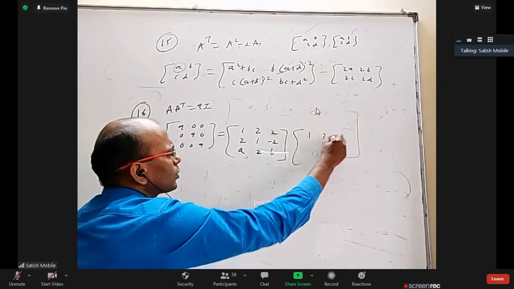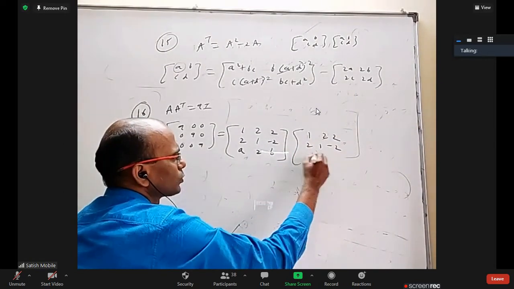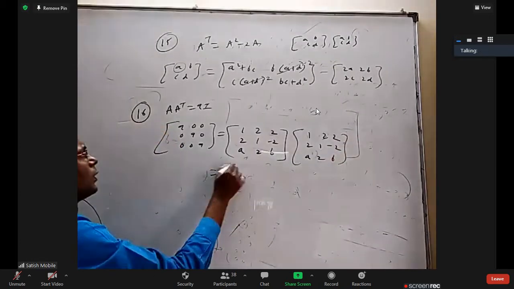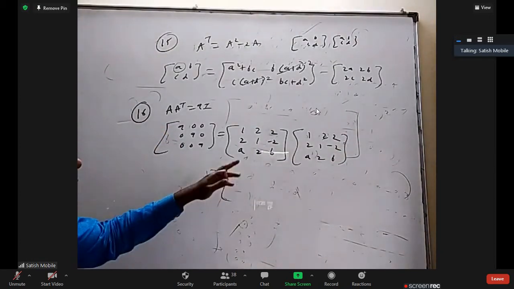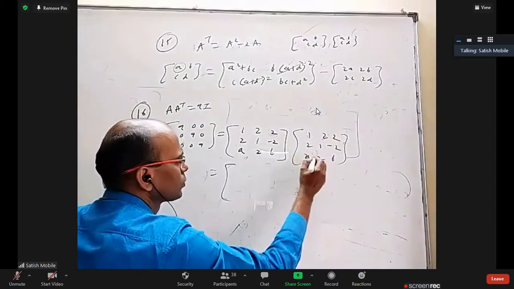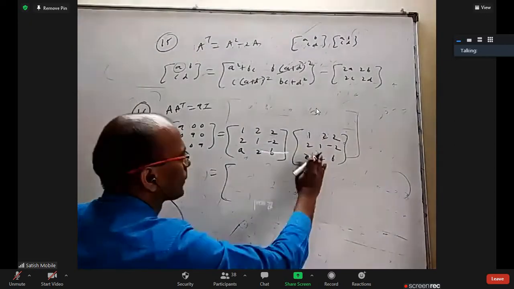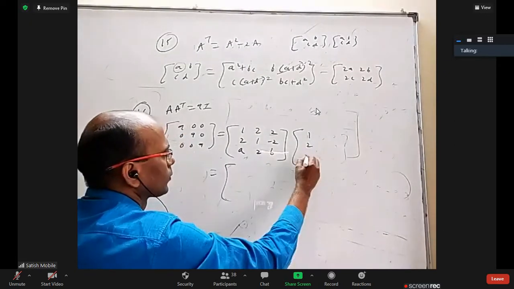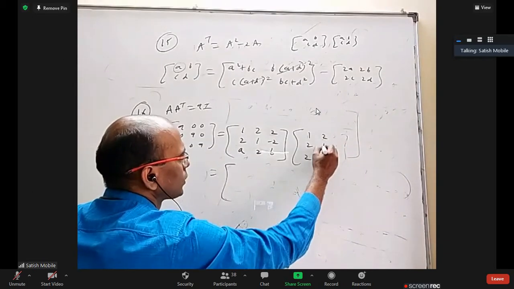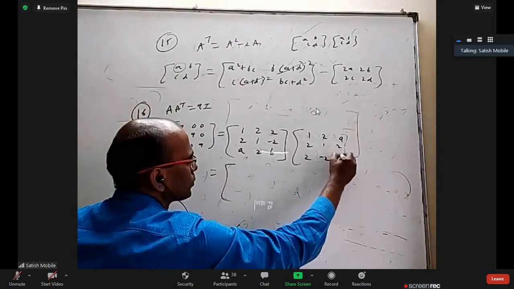Into again 1, 2, 2; 2, 1, minus 2; a, 2, b. Okay, this is the transpose, so I have to write 1, 2, 2 here, 2, 1, minus 2 here, a, 2, b here.